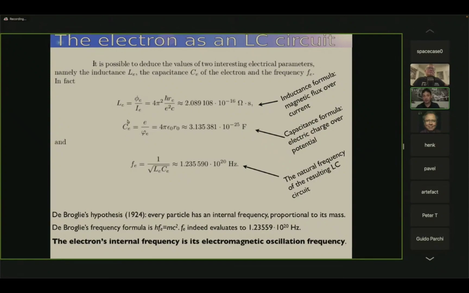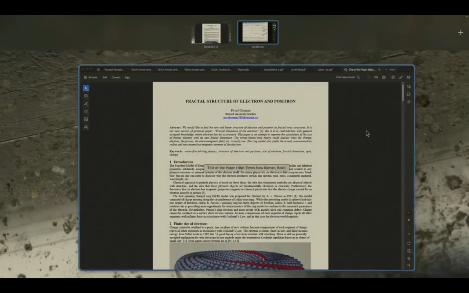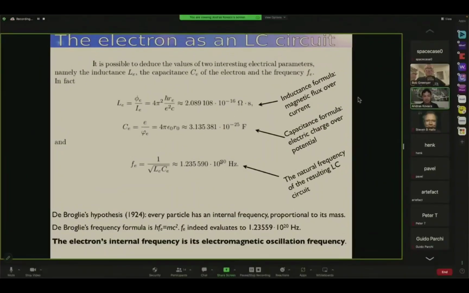We can calculate the capacitance also from the usual capacitor formula of charge over potential. And the potential we can calculate from the size of the charged sphere, and we get this value. For an LC circuit, the frequency is 1 over the square root of LC. So the electromagnetic frequency of the electron is this value. It's about 10 to the 20 hertz, quite a fast frequency.